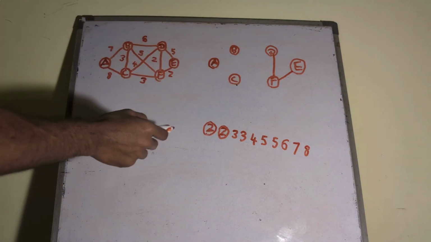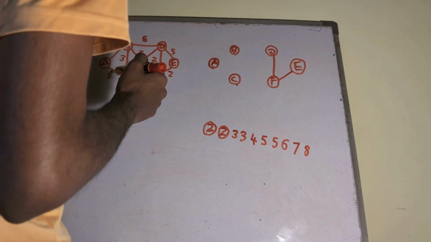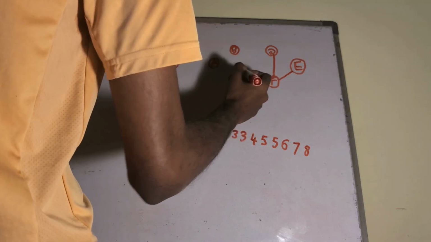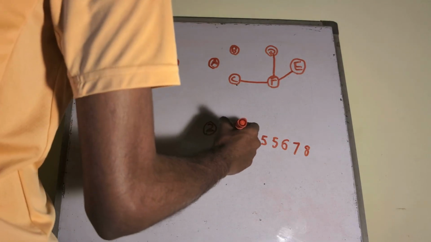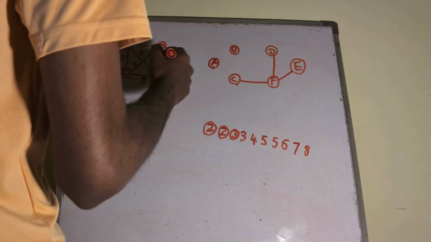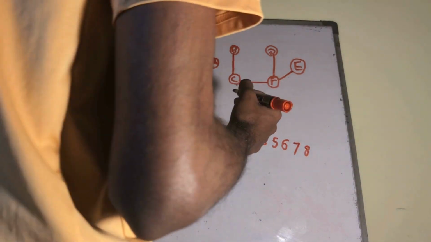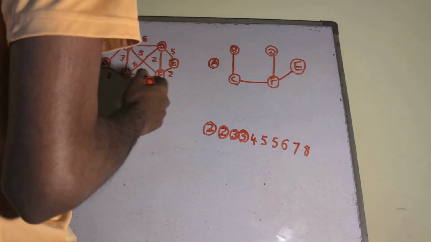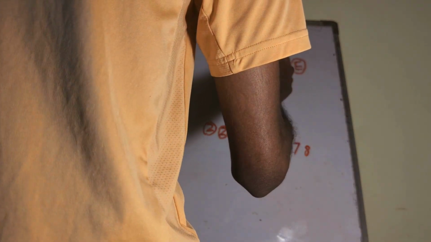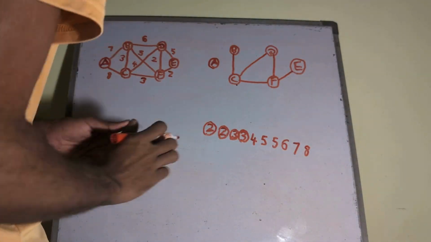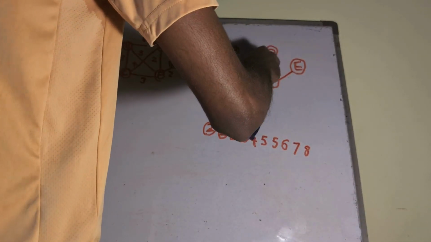You can see the 3 can be created without problem. You can create CF like this, and the other 3 is also no problem, it can be created without problems. Next one is 4. It cannot be created because you can see a cycle is created, so you cannot take the 4 here.